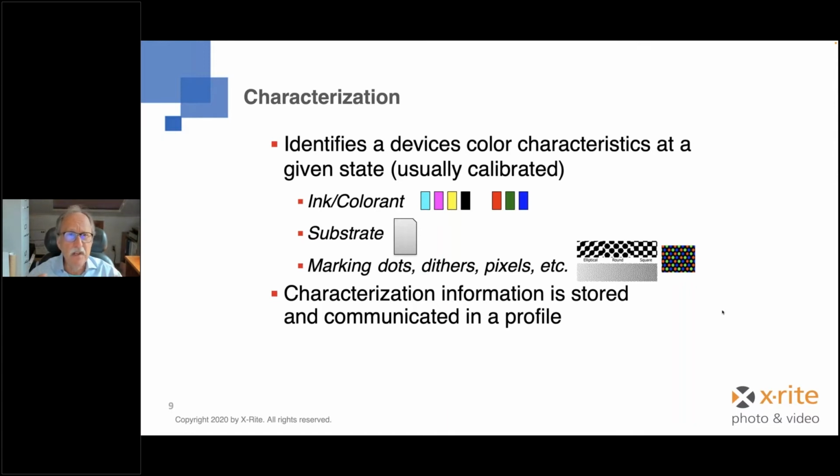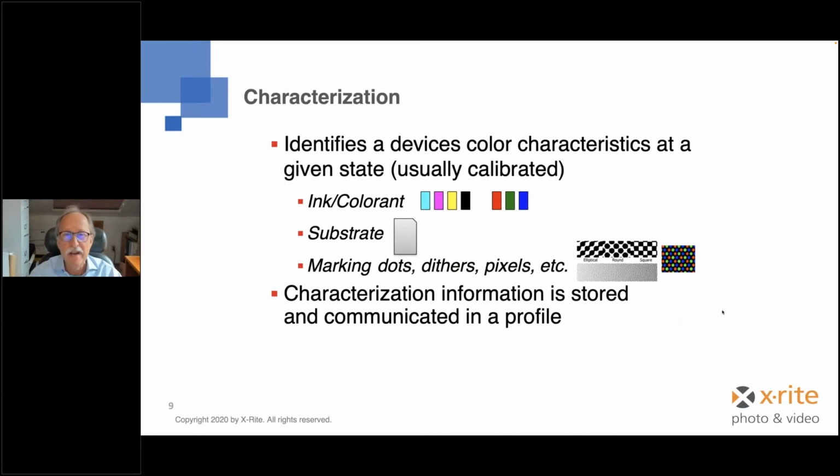What characterization does is identify the device's color characteristics at a given state. Usually it's a calibrated state, you would hope, because otherwise you may not be getting the most out of that device. And when we talk about characterization, we're looking at a number of different factors. We're looking at the inks or the colorants. If they're CMYK, you would hope to know what that CMYK is.